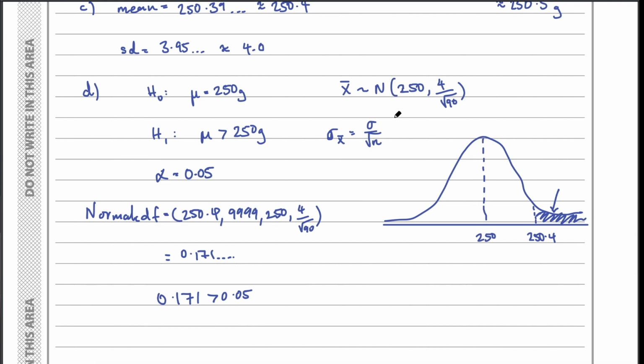Essentially what this hypothesis is asking is, what is the chance of getting a sample mean equal to 250.4 if the population mean equals 250 grams? That's essentially what you're asking with this hypothesis test.